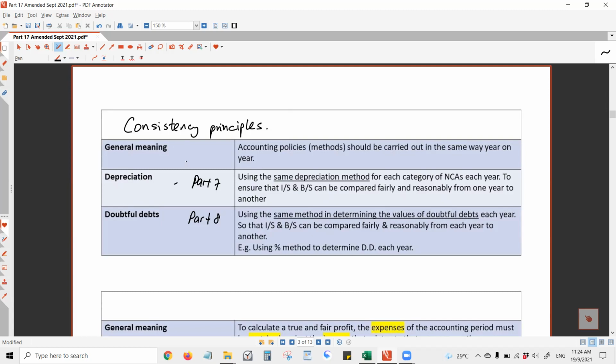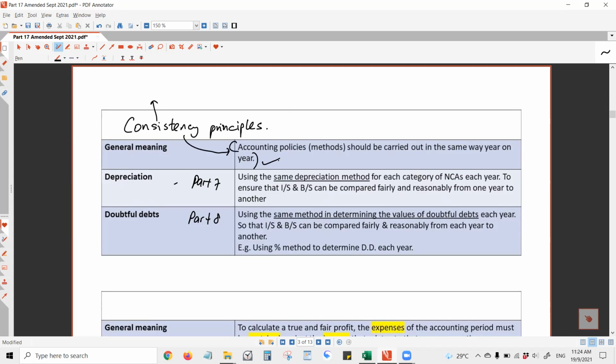So consistency principle means doing the same thing every time, that means doing something the same way every time, being consistent. If they ask you for the meaning of the consistency principle, you give them this line as the answer.